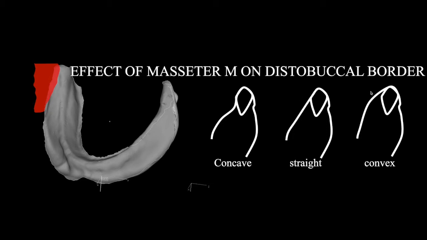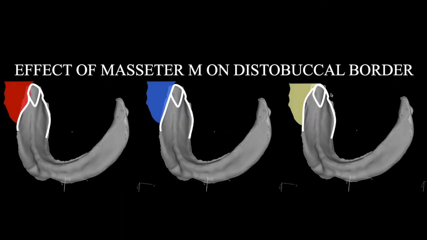And when masseter muscle activity is weak, the shape could be convex. So the red shows when masseter muscle activity is very strong, the blue shows medium activity, and the yellow shows weak masseter muscle activity.